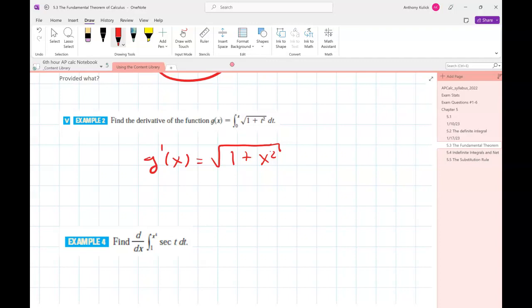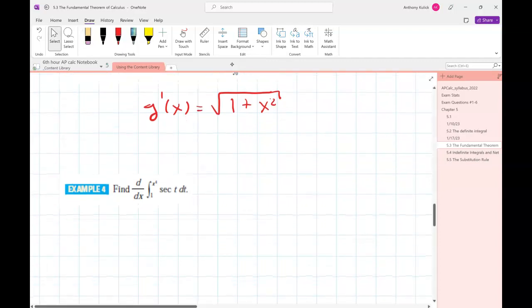All we're left with is the function inside, but it needs to be with respect to x instead of with respect to t. So the variable just changes to match. I got rid of the integral, and I got rid of the dt. When I took the derivative, those things just cancel out, and then my variable needs to change to match. That's what the fundamental theorem of calculus part 1 is giving us.